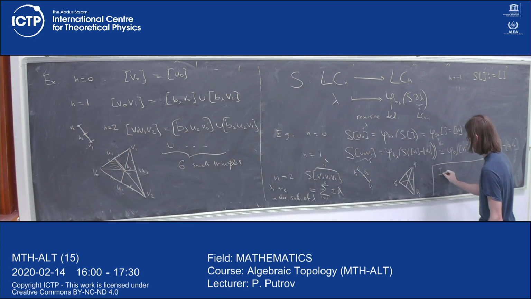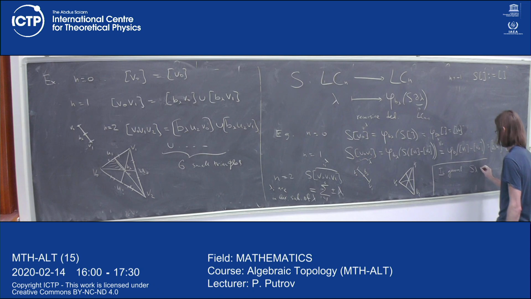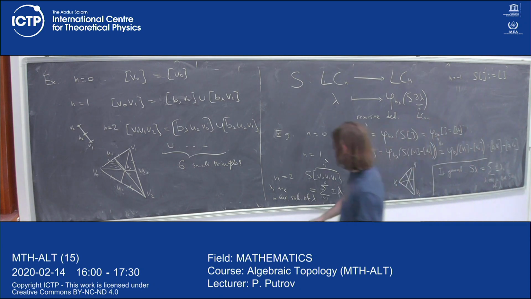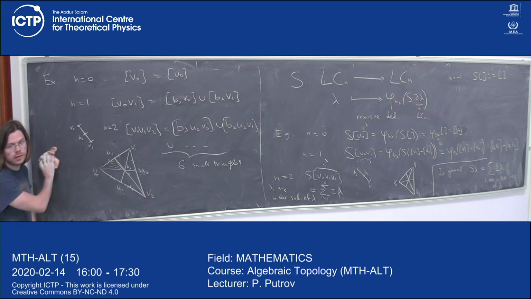So in general, S lambda is a sum of plus or minus lambda i, such that the lambda i are in the barycentric subdivision of lambda. Questions?